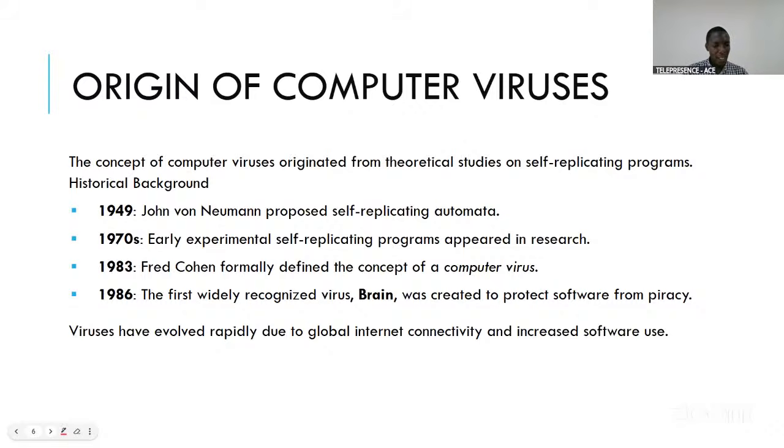In the year 1983, Fred Cohen formally defined the concept of a computer virus. While in the year 1986, the first widely recognized virus called Brain was created to protect software from piracy. So viruses have evolved rapidly due to global internet connectivity and increased software use.